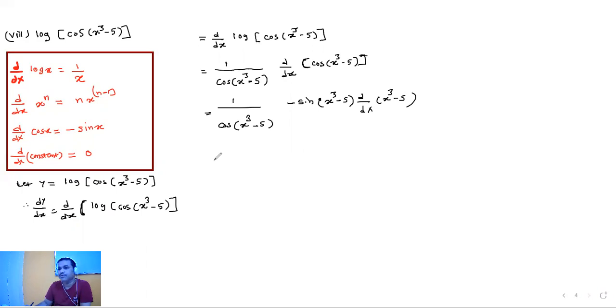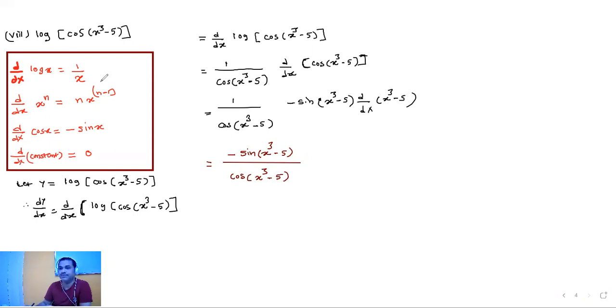So now, how will it look? Let us check. This will be minus sine of x cubed minus 5 divided by cos of x cubed minus 5, and this is d by dx of x cubed minus d by dx of 5.